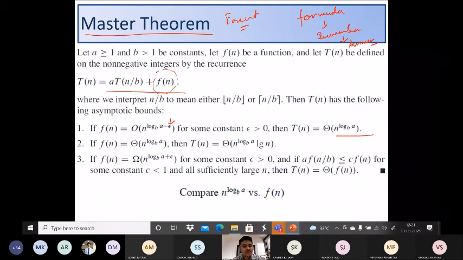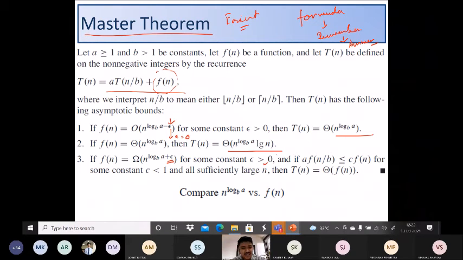If you see f(n) equals theta of n to the power log a base b, that means epsilon equals 0. Then you can tell directly that T(n) equals theta of this one. Otherwise, the third case is if you see plus epsilon, same thing but plus epsilon, with epsilon greater than 0.